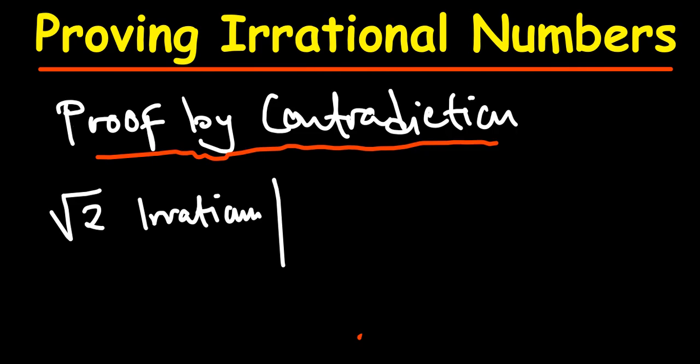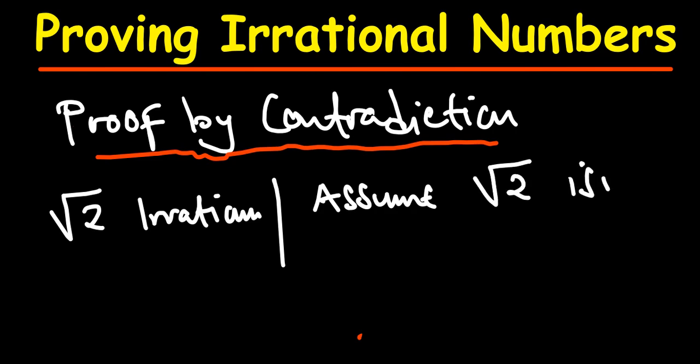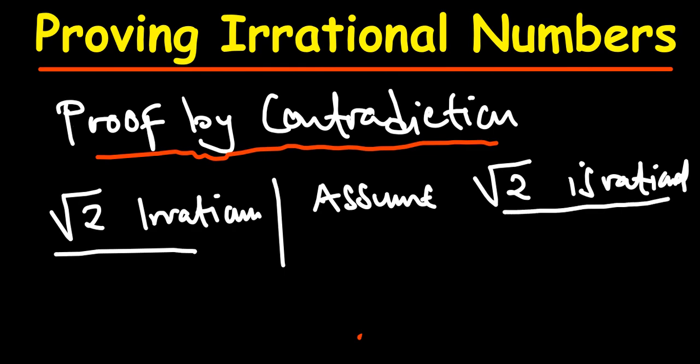So I'm going to say, suppose that root of 2 is rational. Remember, I want to prove that root of 2 is irrational, but in my method I'm going to assume that this root of 2 is rational.